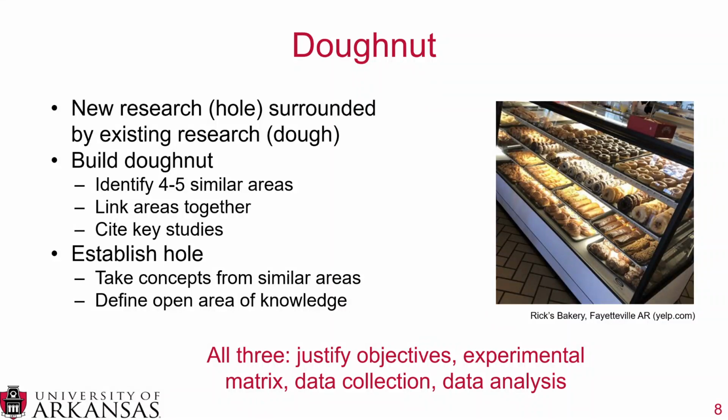And again, for all three of these, the funnel, the pyramid, and the donut, the objective of this background section is to justify the objectives of your research, to justify your experimental matrix, to justify the data you collect, and to justify your data analysis. That is the only thing the background section is responsible for.